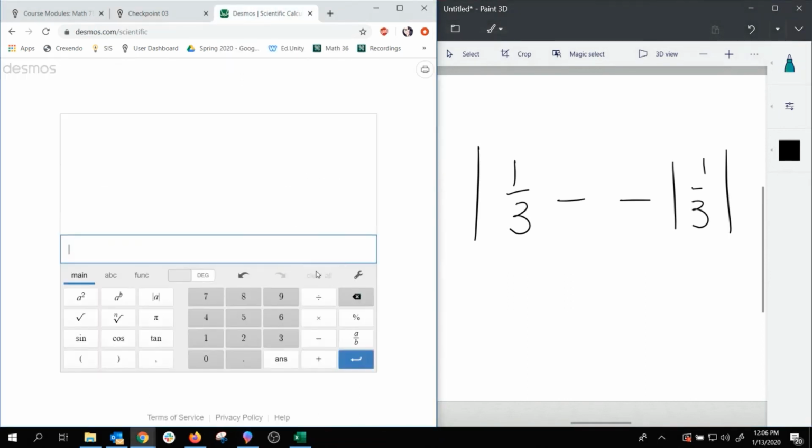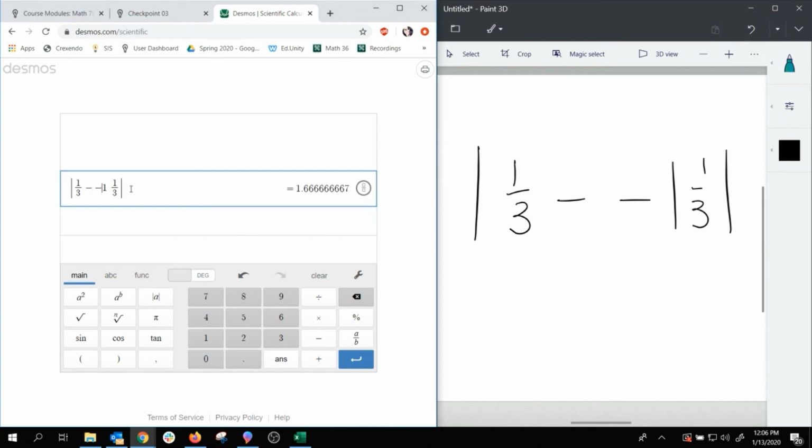So if I were to clear all this and type this into my Desmos, 1/3. Whoops, that's not what I wanted. I need a minus sign in between here. There we go. So need another minus sign. There we go. So he went down 1.6 repeating, or 1 2/3.